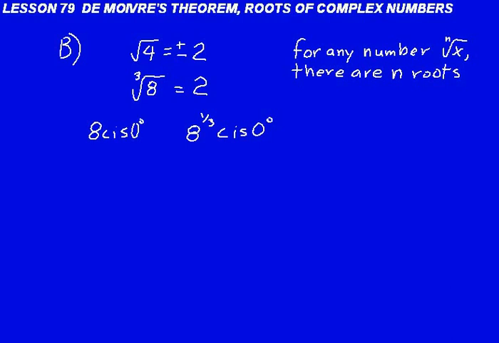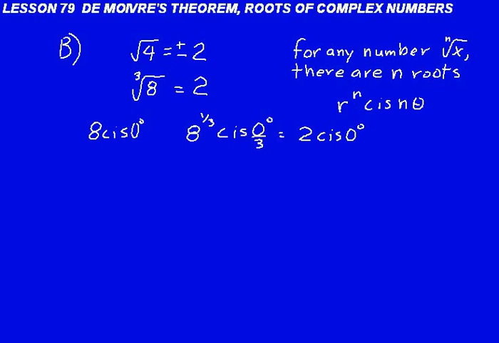Think about de Moivre's Theorem, r to the n cis of n theta. If we apply that to what we have written already, 8 to the 1/3 power cis of 0 over 3, this would simplify to 2 cis of 0 degrees.